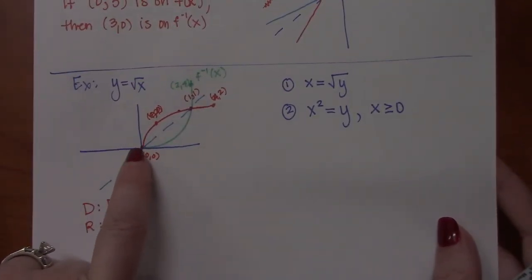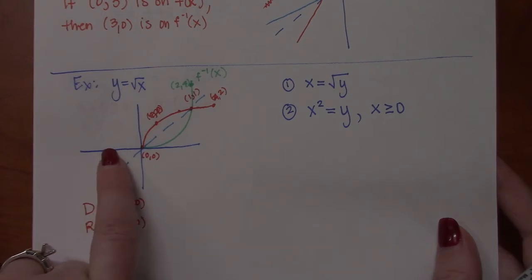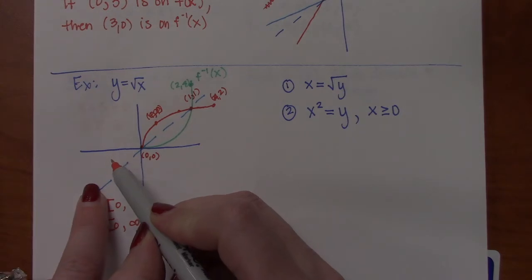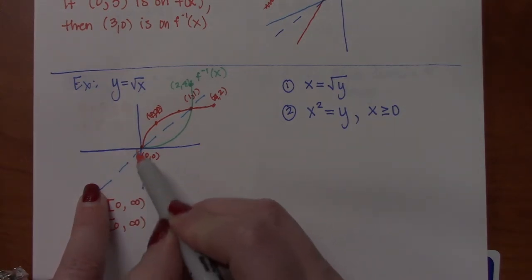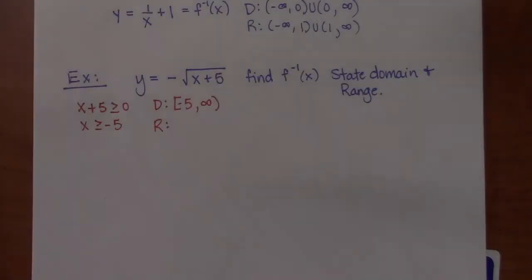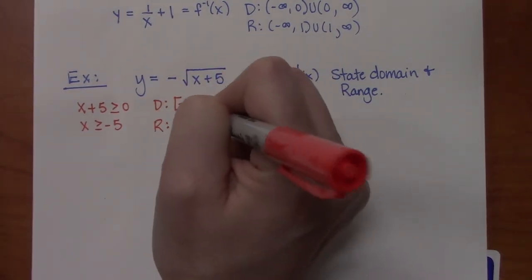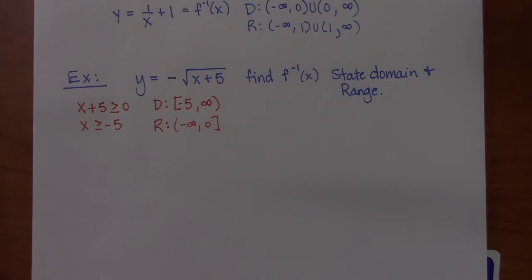So if we just take it and slide it over 5 spaces to the left, and then flip it upside down, it would curl this way. So it would be negative infinity up to 0. So that is correct. Now when we find the inverse function, the domain of the inverse should be negative infinity up to 0. So let's try to find the inverse here.